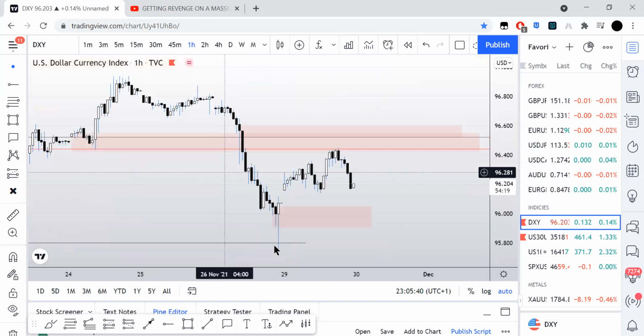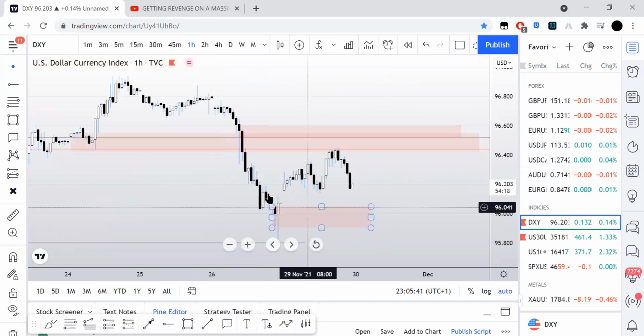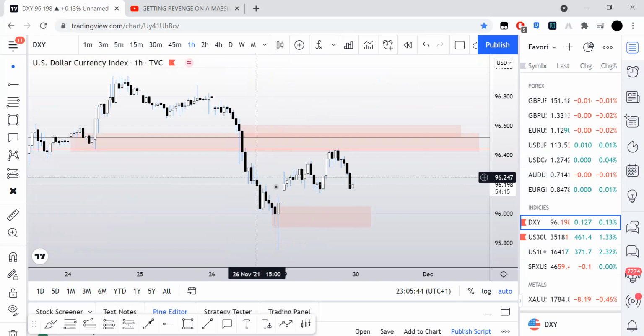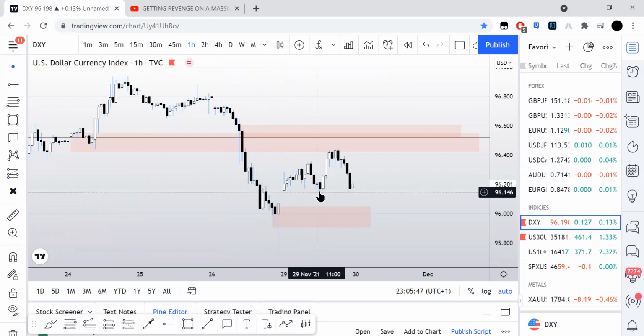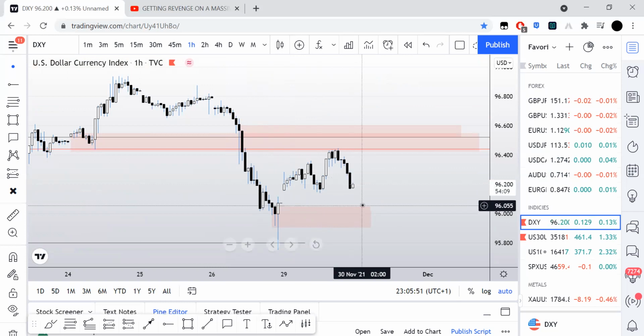Well, we could come under this, but you could pay attention to this since it did a stop hunt and then it broke structure right here. And then you have liquidity resting right here to possibly purge maybe tomorrow and then maybe buy back up to a better sell to come back down.